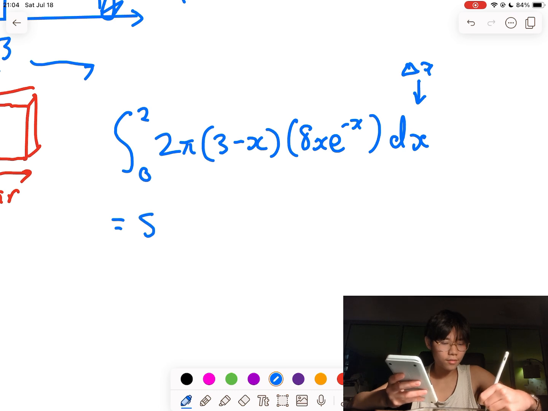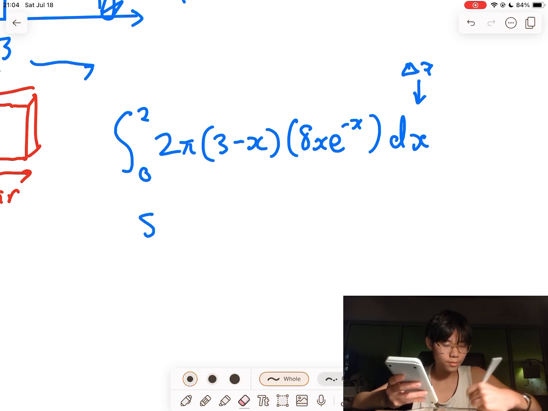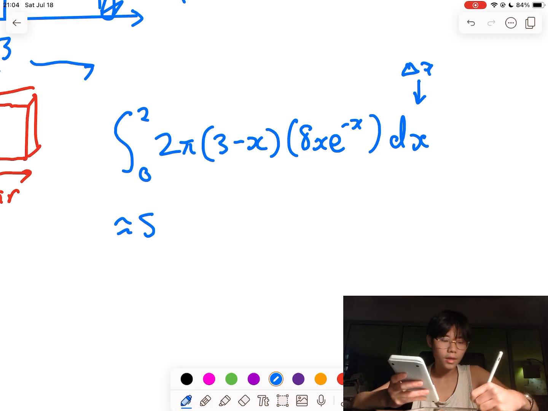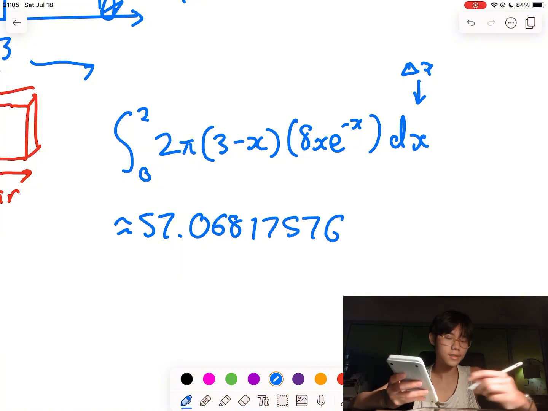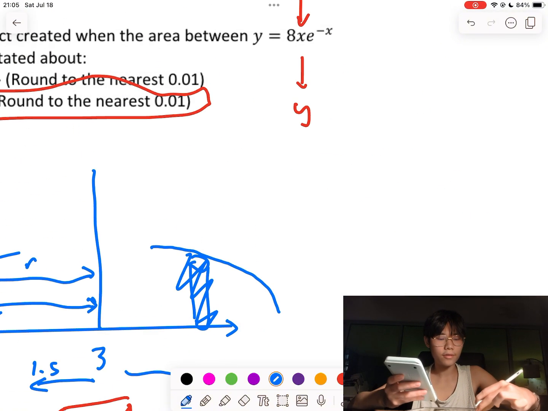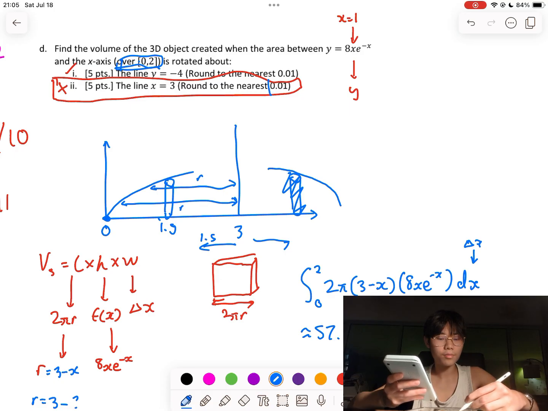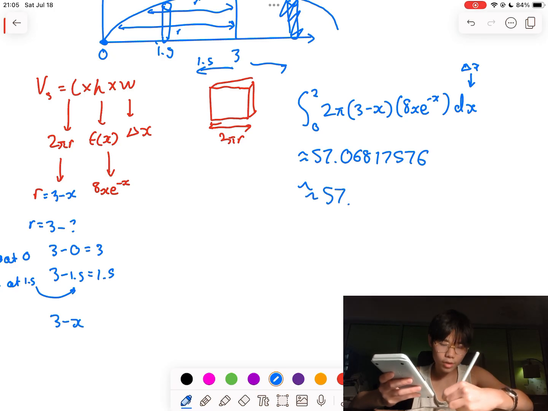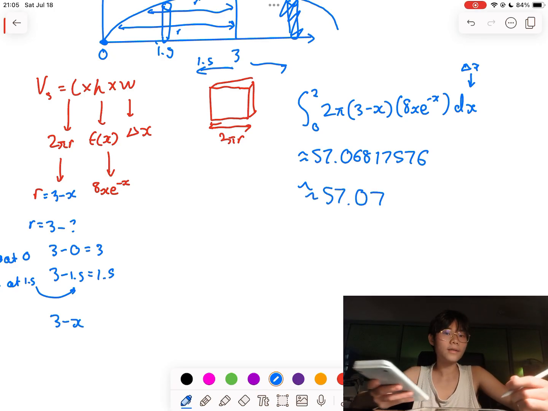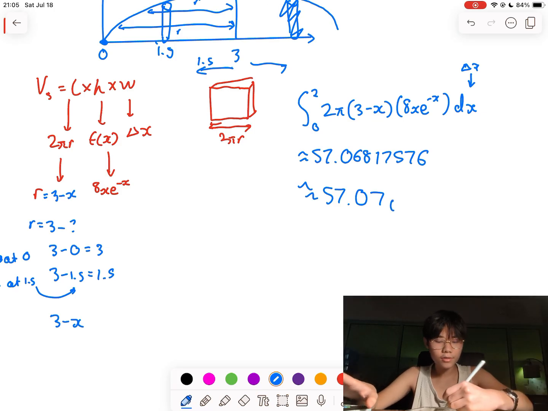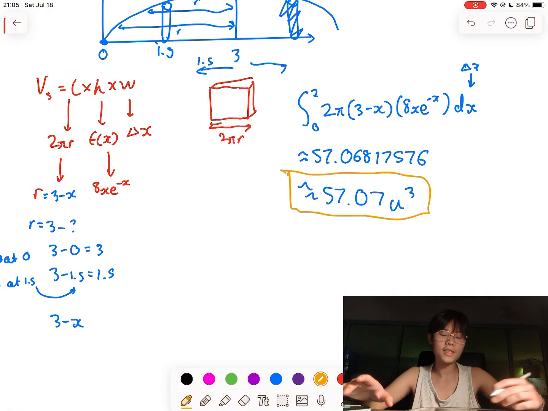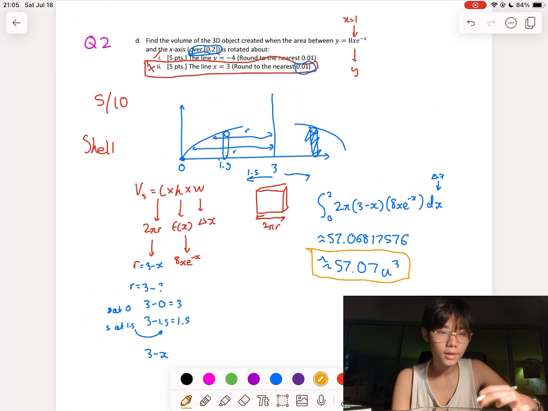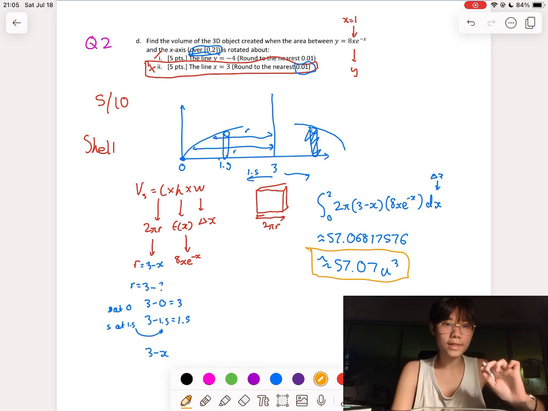It gets us an approximation: 57.0681756. If you recall, it says round to the nearest 0.01, so that gives us 57.07. We have to put our units cubed because it's a volume. And this is our final answer, 57.07. So that's how you do this question.